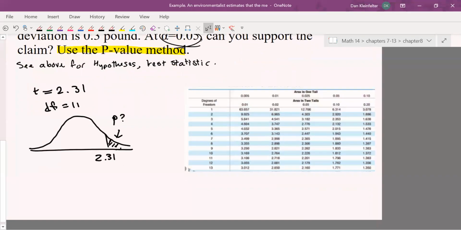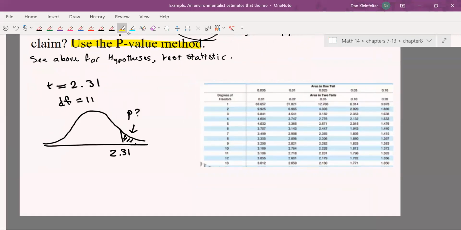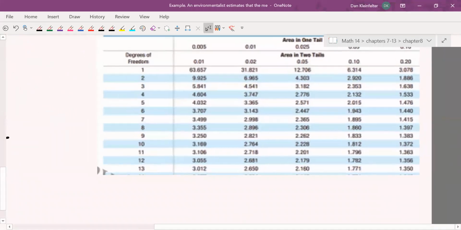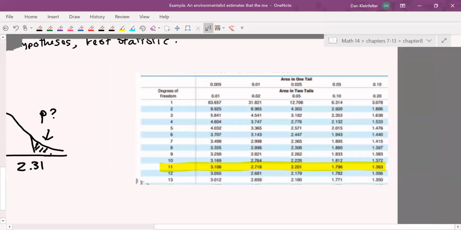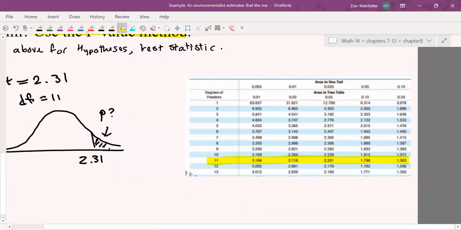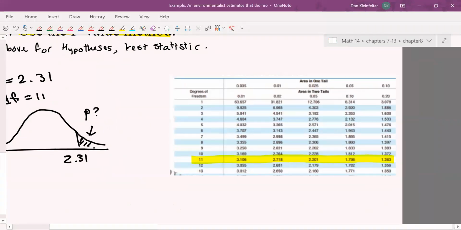So again, taking a look at our degrees of freedom of 11, which is that row, notice that the bigger numbers are on the left and the smaller numbers are on the right, so they're in order. We want to figure out where 2.31 would be.